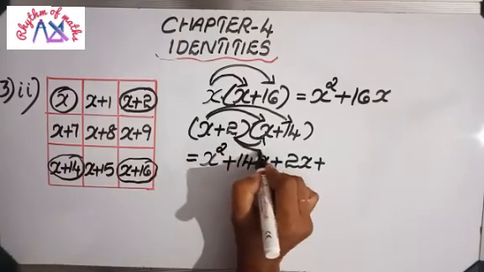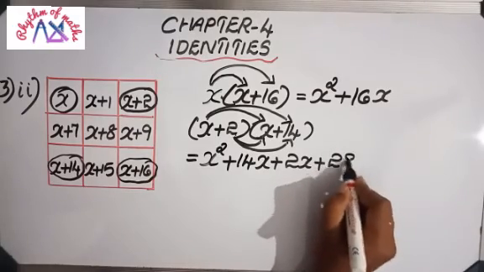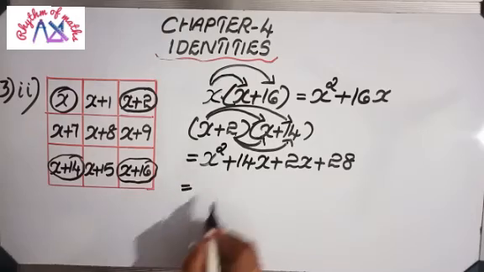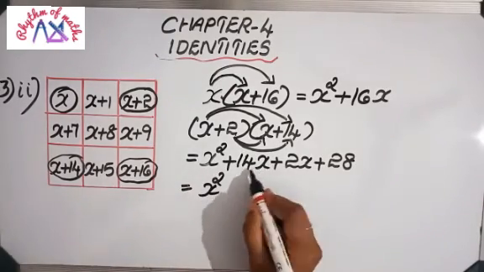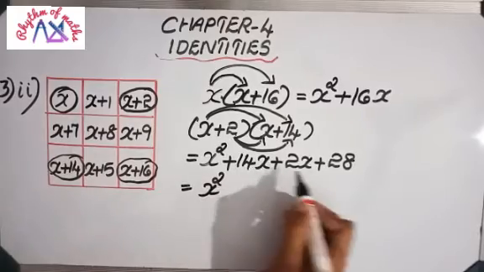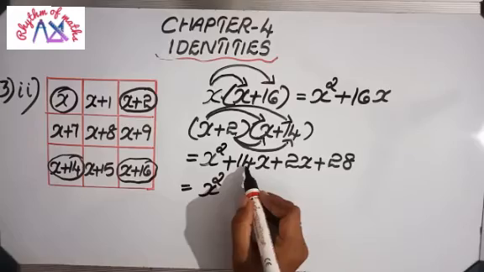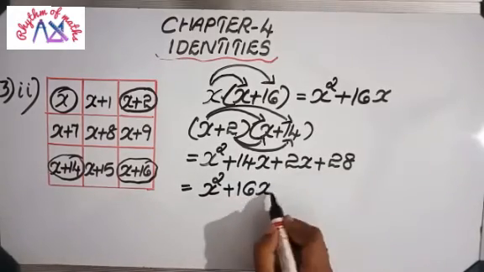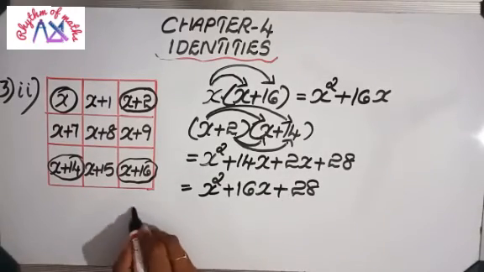Plus 2 into 14, which is 28. Now here only one x square, so no need to add, just write x square itself. Now the x terms: 14x and 2x are both the same x terms, so we can add them. 14 plus 2 is 16x. Then only one number term, 28.